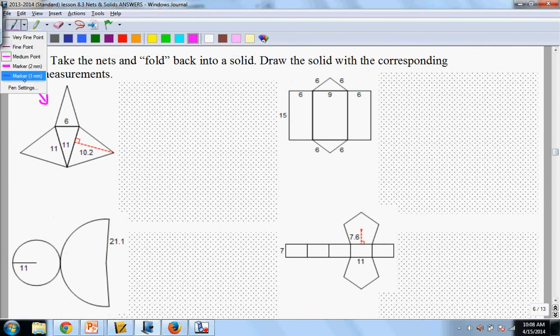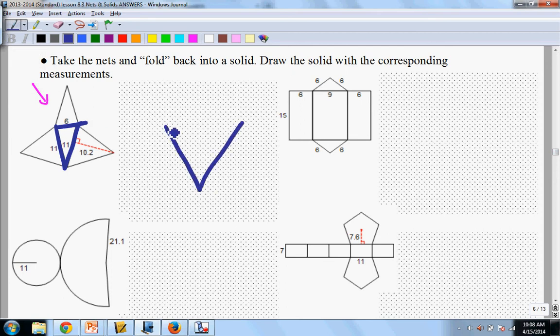So this is a triangular prism. We're going to start with the base. Did you say prism or pyramid? I said prism. Okay. So we're going to draw this in 3D. 3D means I have to dot this back because we can't technically see it. This is 11 and 11.